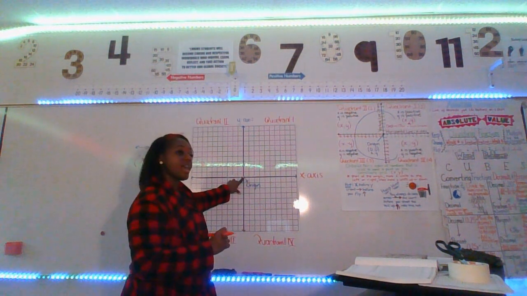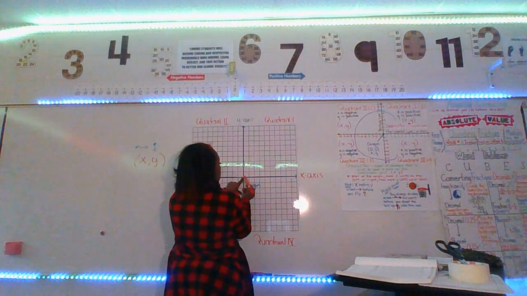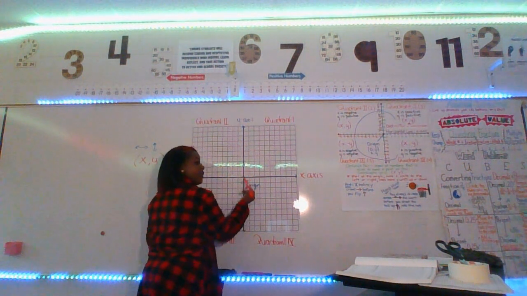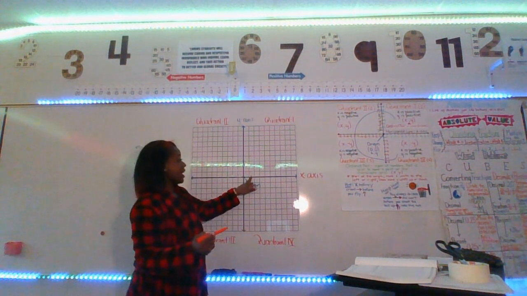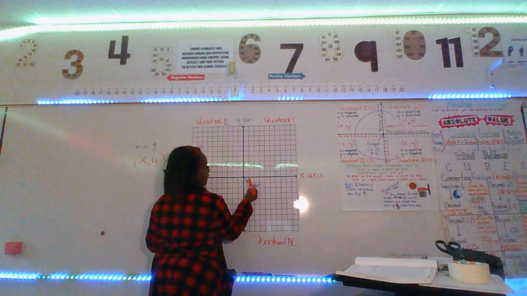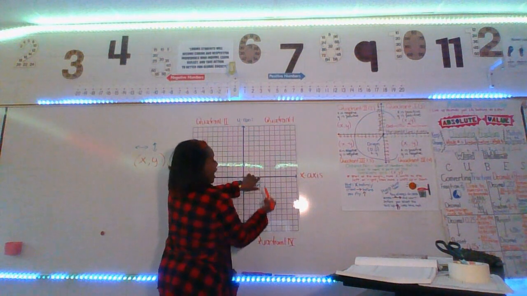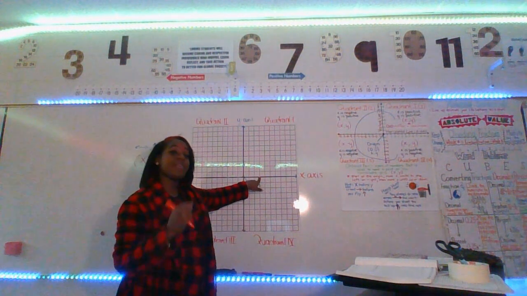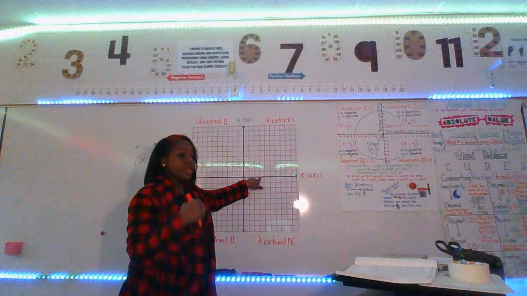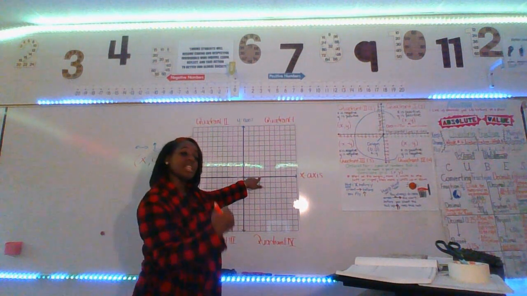So I'm going to start at 0, and then I'm going to walk 3 spaces to the right. Each line represents a number. Though numbers may not be on there, each one of these lines represents an individual number. So we start at 0 and go 1, 2, 3. I can't stop there because I haven't done 2 motions. So I have to now move in the next direction.